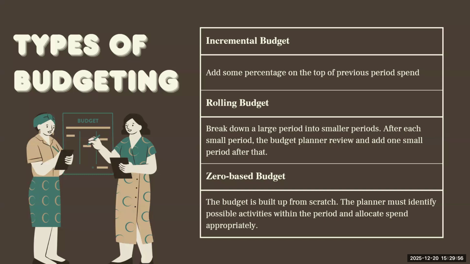But for rolling, instead of just planning like that, they always try to plan a certain time ahead, like 12 months ahead or 18 months ahead. Instead of just making the budget for 2026, when reaching the end of the first quarter of 2026, they decide to pre-plan for the first quarter of 2027.